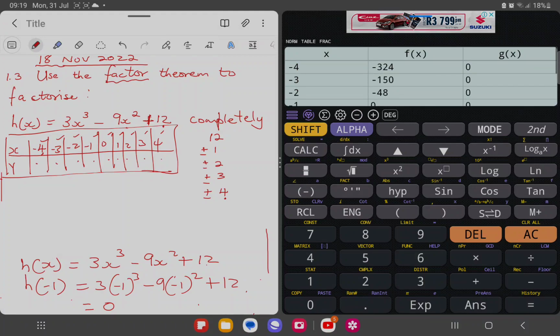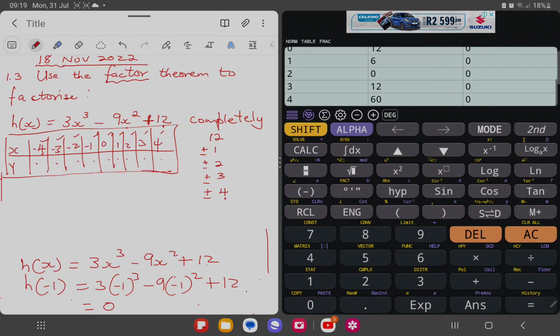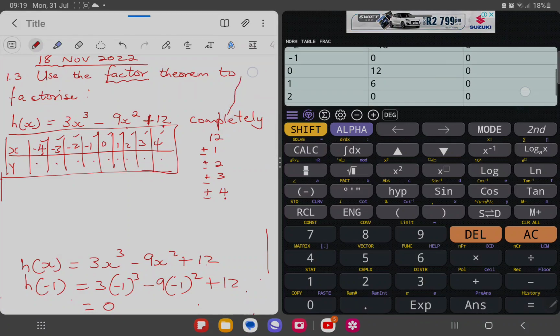Then these are the values that we have. When it's minus 4, you've got 324, so this pair is not right. Minus 3, negative 150. Minus 2 gives us negative 48. Minus 1 gives us a 0. Can you see? So minus 1 gives us a 0. What does that mean?